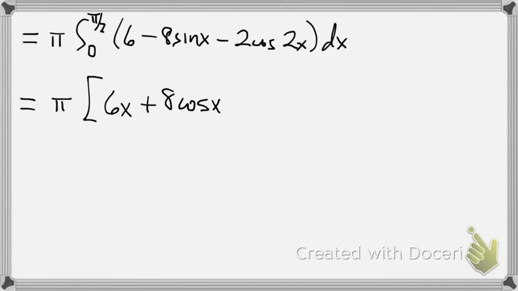What about minus 2 cosine 2x? Antiderivative there. The antiderivative of cosine is sine, right? So the sign won't change. And then wouldn't there have been a chain rule there? Chain rule of 2, which I counter by using a half.